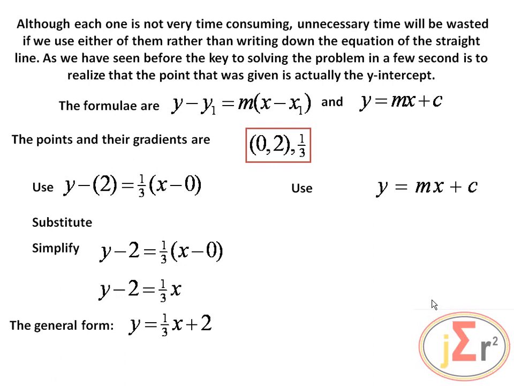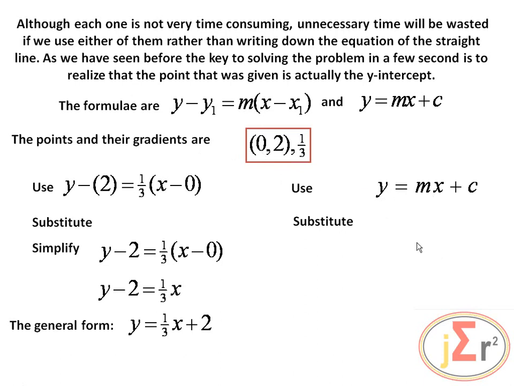Now we will make use of y is equal to mx plus c, and usually the first thing we do is try to find the value of c by using the point that we have here. So by substituting, we have y, which is 2, m is 1/3, and x is 0.